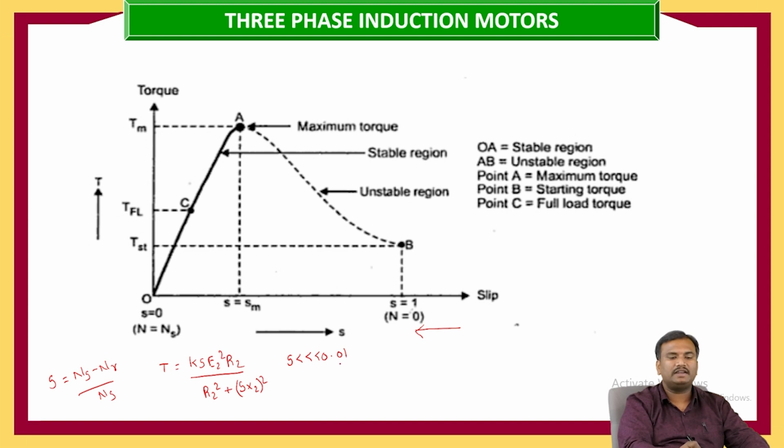When slip value is less, S square value is very less, so we can neglect this S square value.